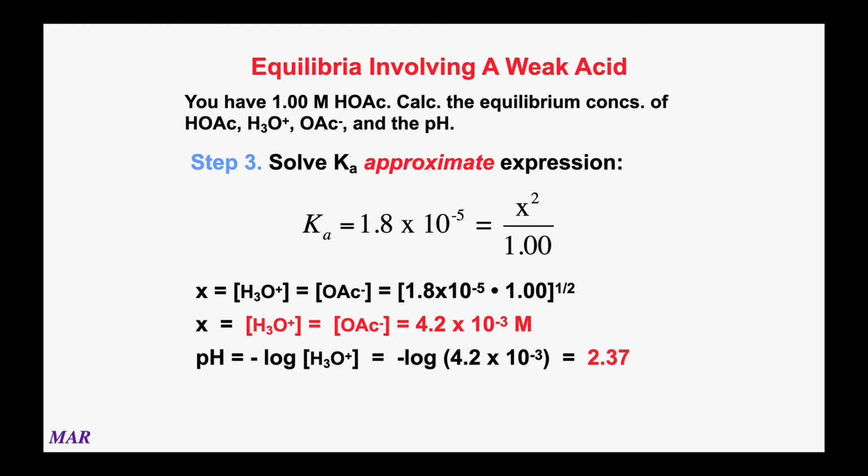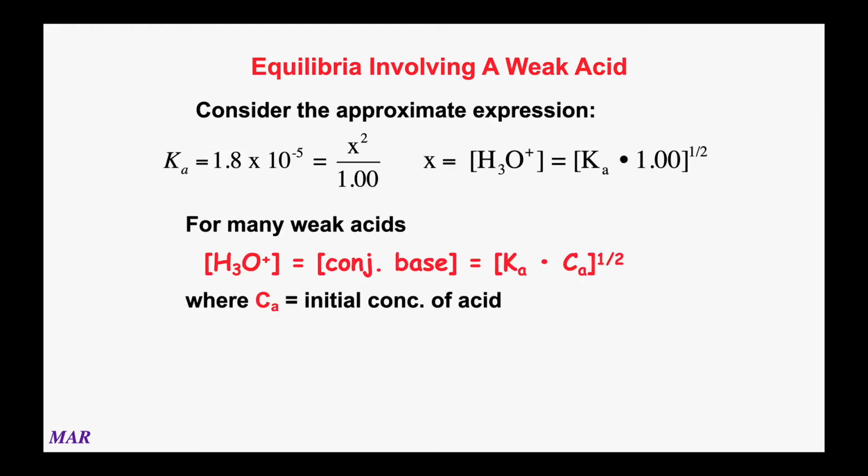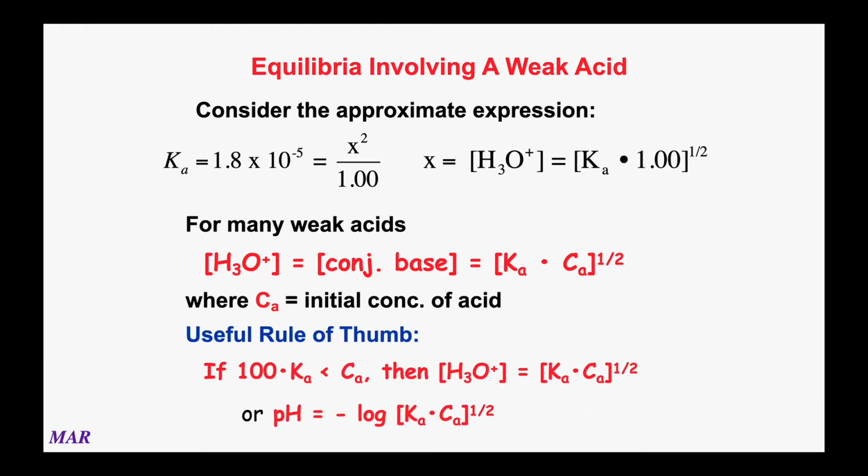pH equals minus log of hydronium, so minus log 4.2 times 10 to the minus 3 equals 2.37. And again, the acetic acid here would just be equal to 1.00. It hasn't changed in this reaction because minus x was so small. Using this square root Ka times Ca thing is pretty cool, and it works a lot of the time if 100 times Ka is less than Ca, all right?